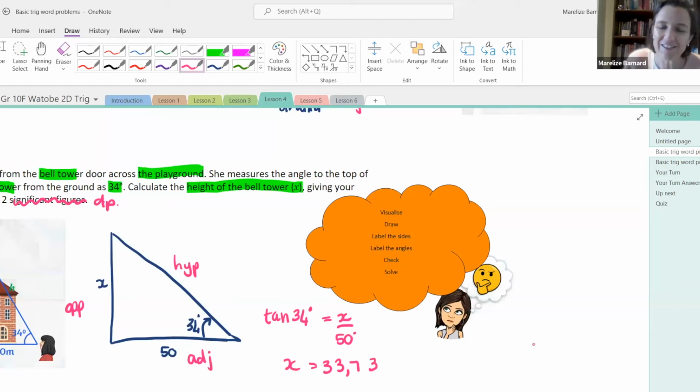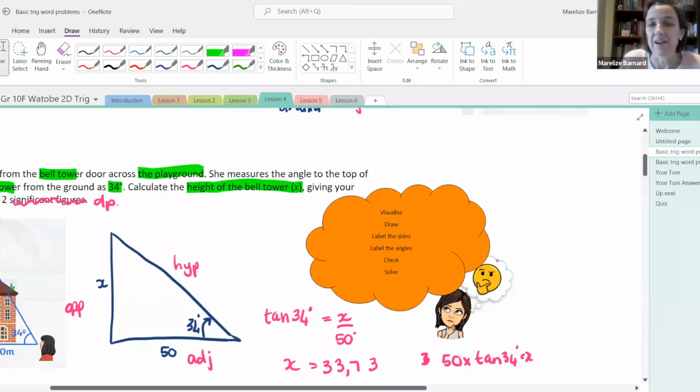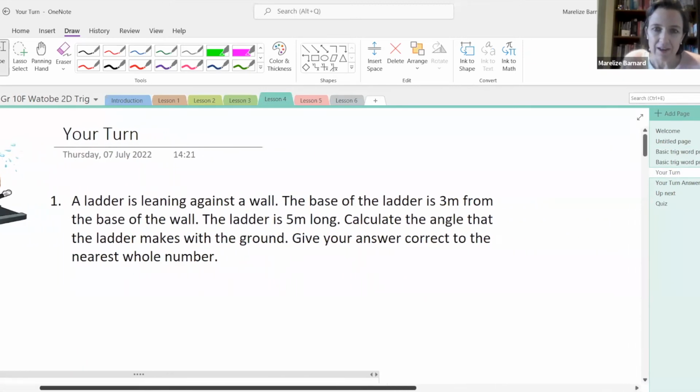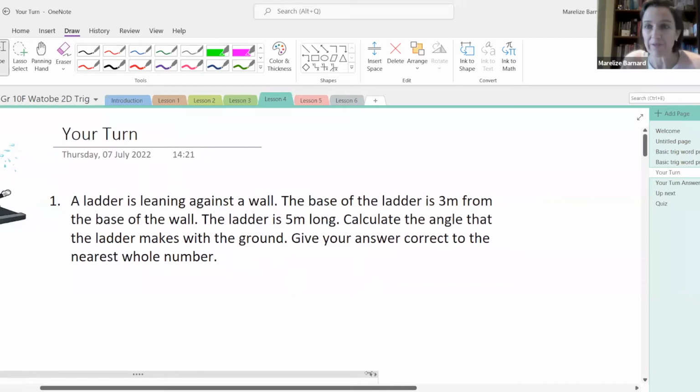Maybe you mean you go 50 times tan 34 equal to x, and that you do on your calculator. But if you have more questions, Manzini, let us know. Try and be a little bit more specific in your question if there's a part you don't understand.